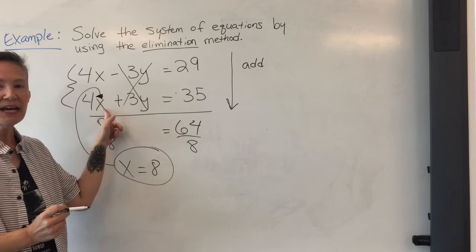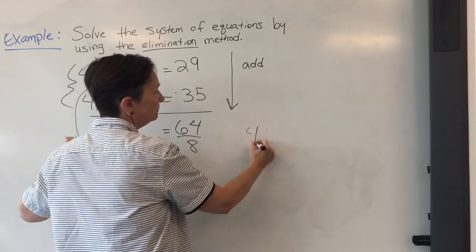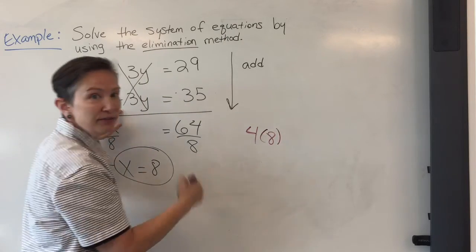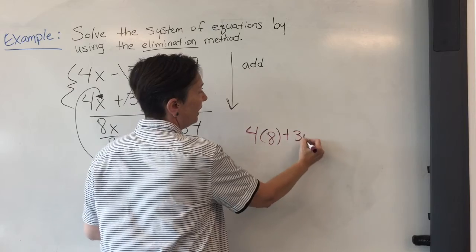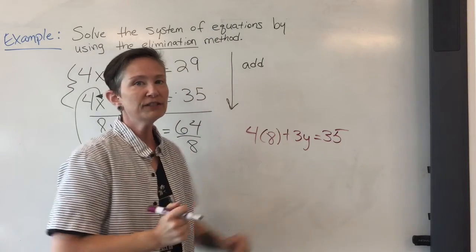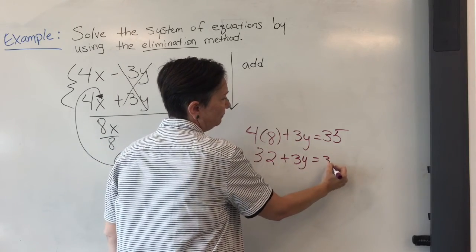So wherever I see that x, I'm going to replace it with 8. So we've got 4, x is now 8, so 4 times 8. Everything else stays the same. So plus 3y equals 35. Now I can solve this thing for y. So 32 plus 3y equals 35.